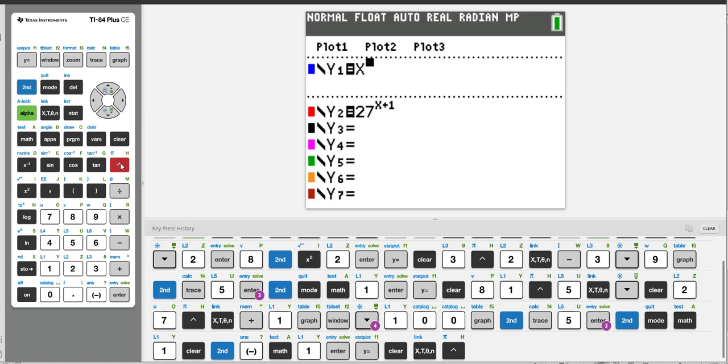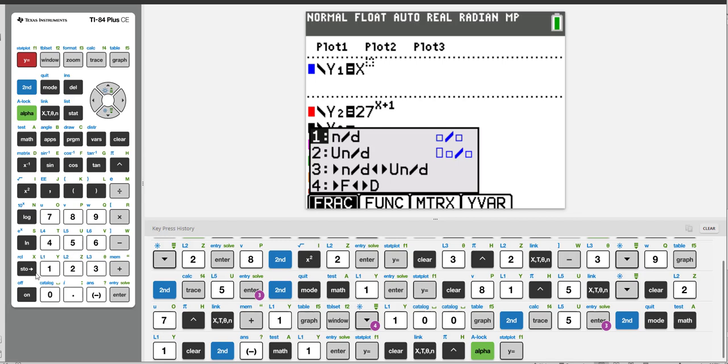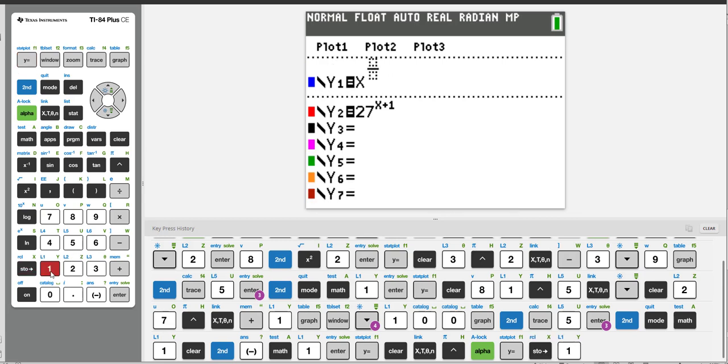X is the only variable that the TI-84 understands. Press alpha Y equals number 1. Press 4 and the down arrow. Press 7 and the down arrow.